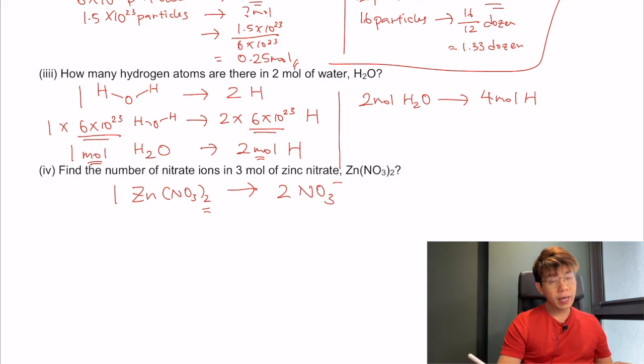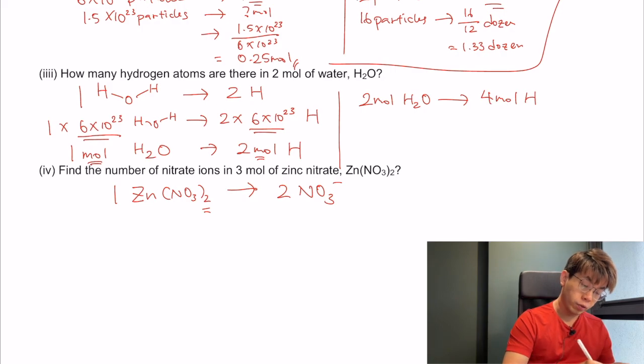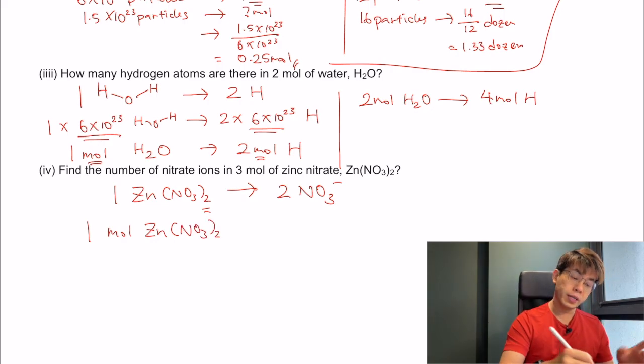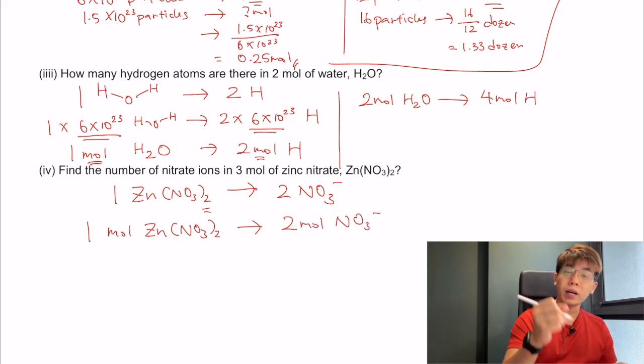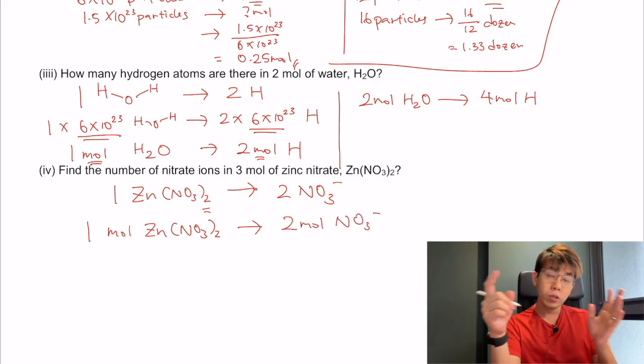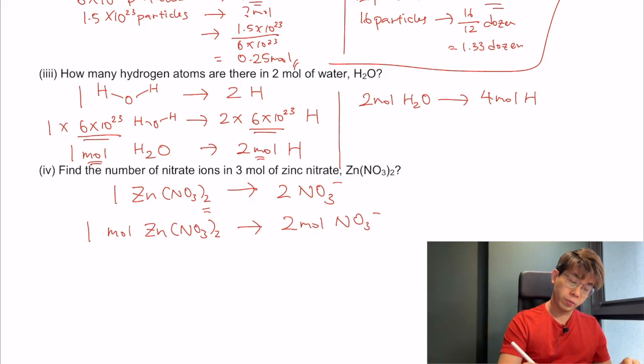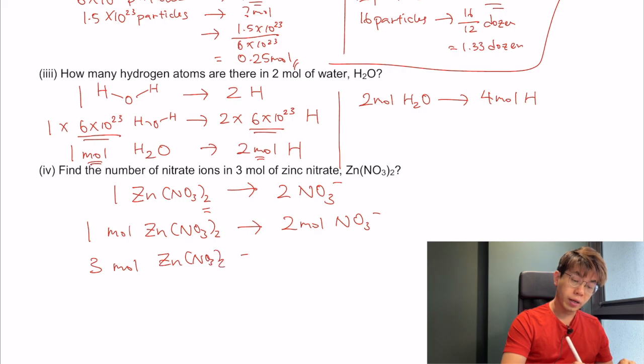Remember what I said earlier: if I have 1 mole of zinc nitrate, the ratio says I have 2 moles of nitrate ions. Now they're asking how many nitrate ions are there in 3 moles of zinc nitrate. Using the ratio, I will have a total of 6 moles of nitrate ions.